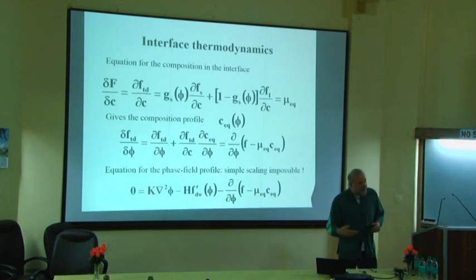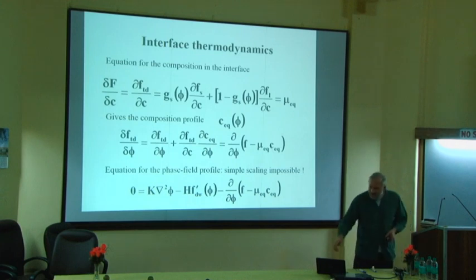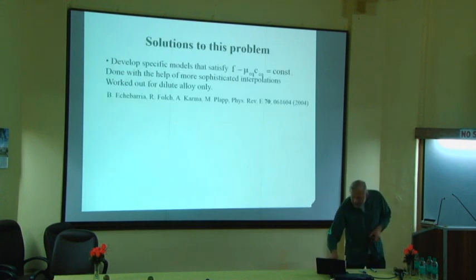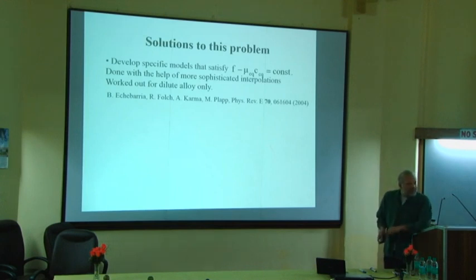Now, this was identified quite early on, and various ways have been proposed to achieve this. So, first of all, you can try to construct such models for special cases. Okay? And I was involved in a work which did that. If you have the specific case of a dilute alloy, you know the free energy functions, which have a specific functional form.